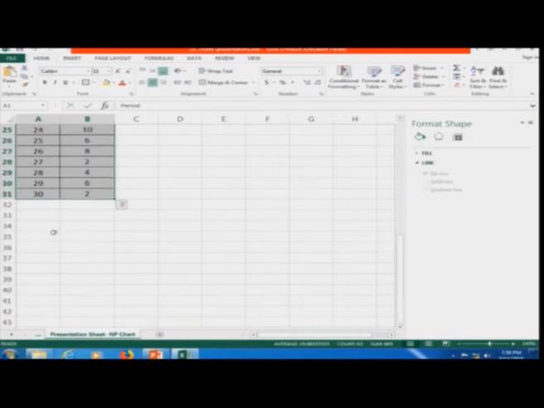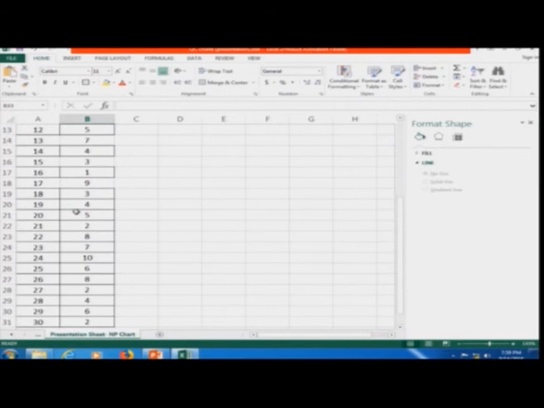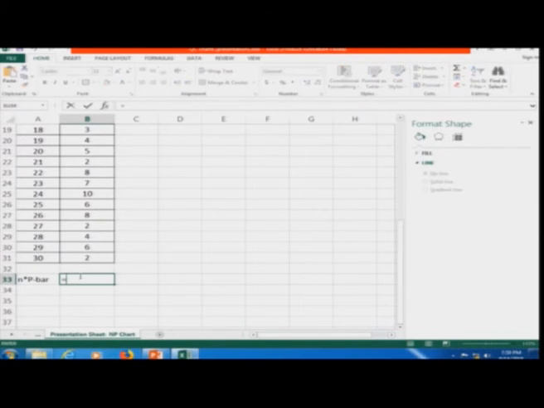NP bar can be N into P bar, which is equal to the average of the defects, the average of these values.